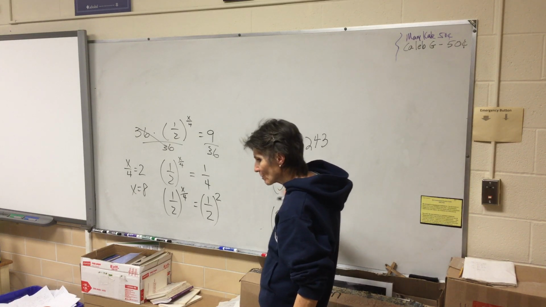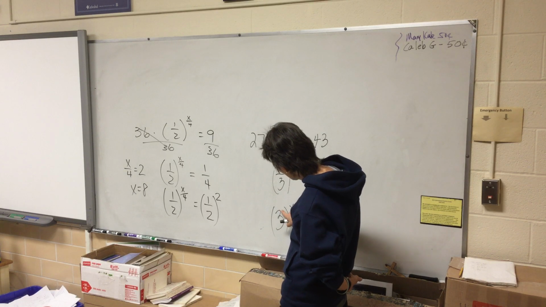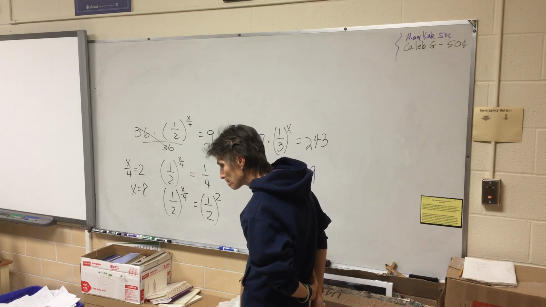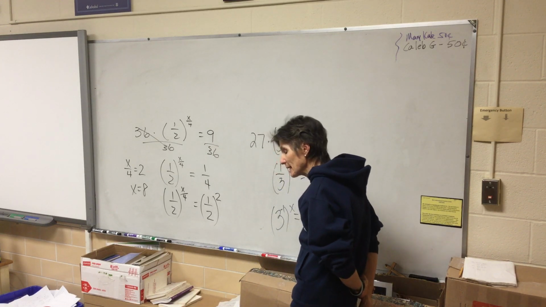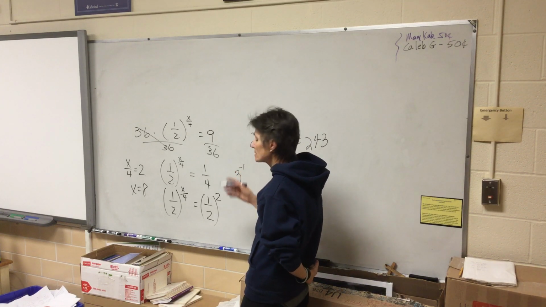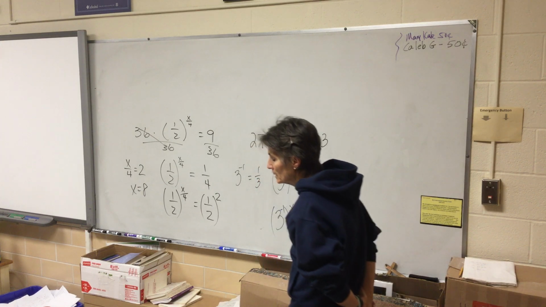What's 1/3? What power do I put here to make this a 1/3? Negative. Yeah, it'd have to be -1. Because we know that when we raise something to the negative first power, that makes it 1/. It flips it.